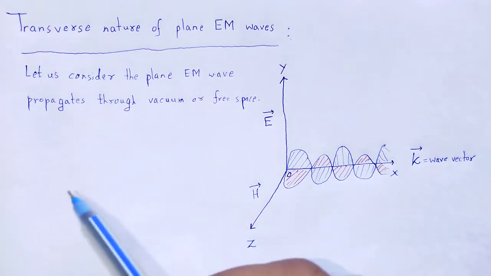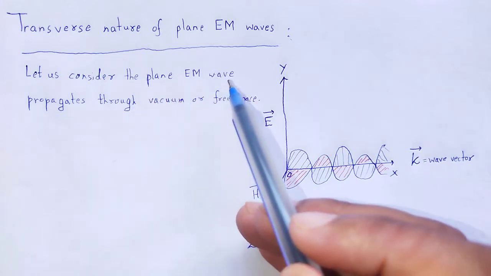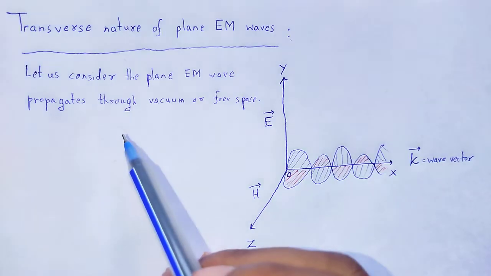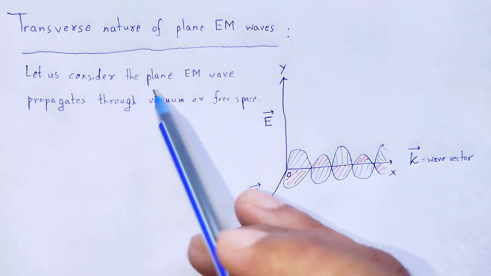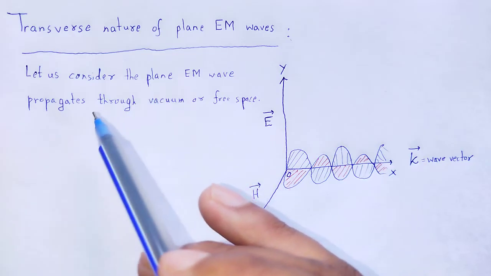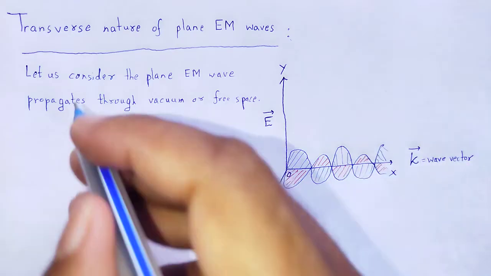Anybody can take the propagation of a plane electromagnetic wave in a dielectric medium, no problem. We here consider the propagation of plane electromagnetic waves through vacuum or free space.